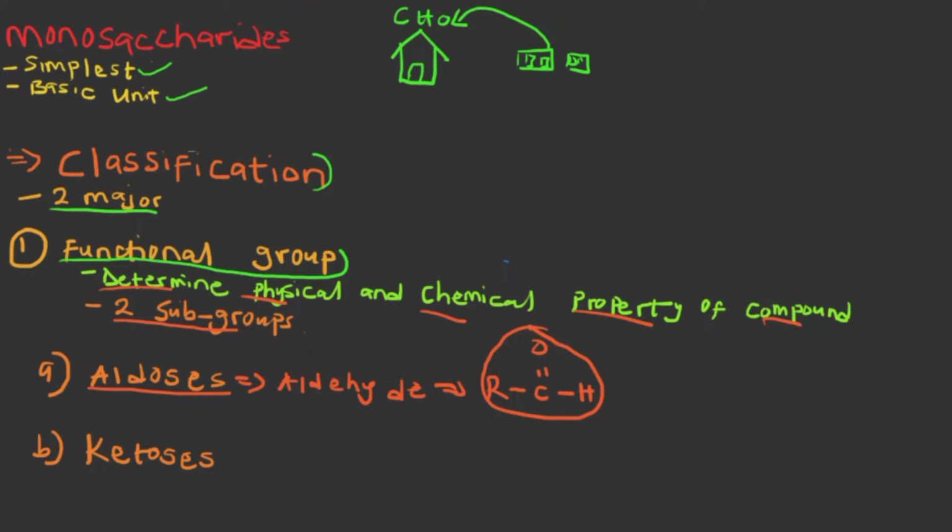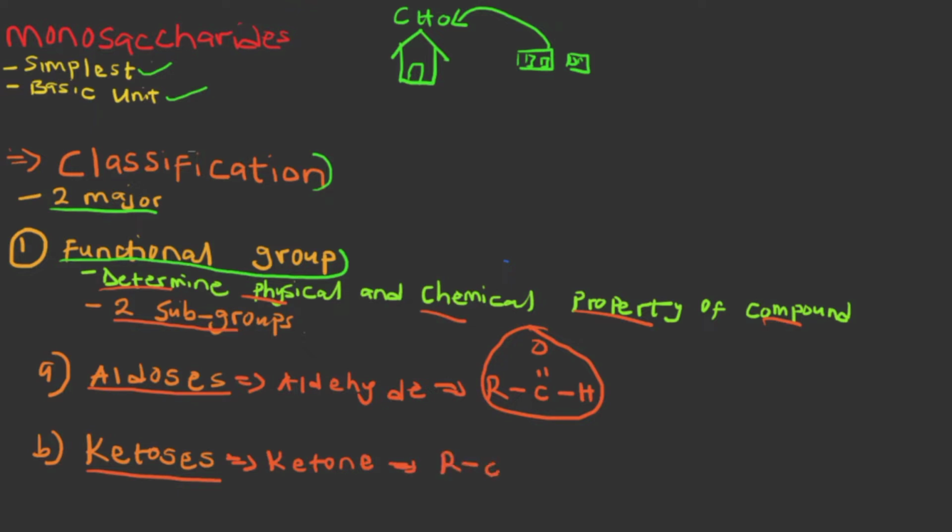So the second main subgroup based on this functional group classification are ketoses, and those are monosaccharides that have a ketone functional group. So how does a ketone functional group actually look like?